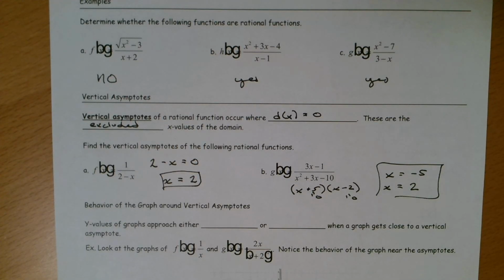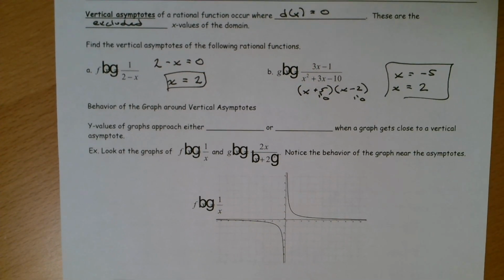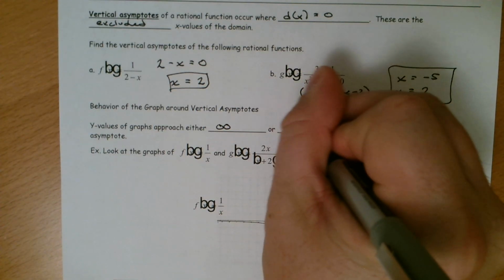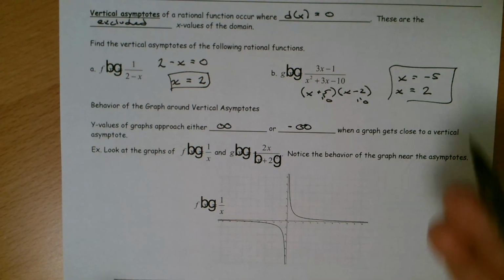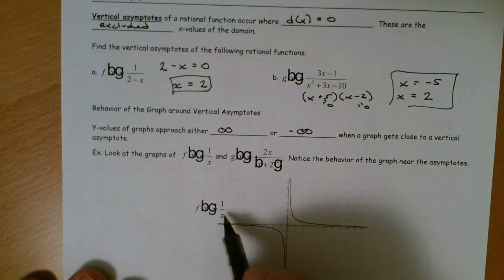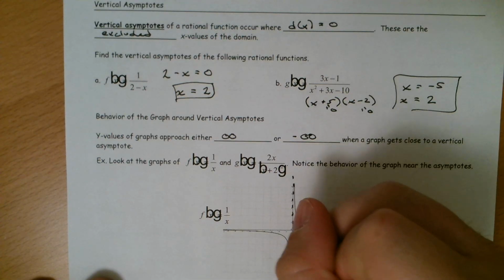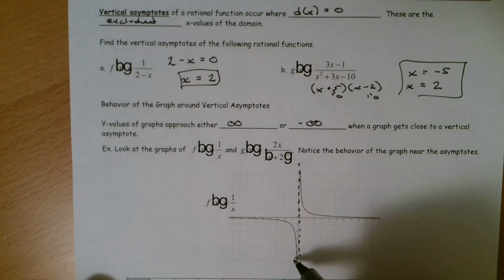Now let's talk a little bit about how the graph behaves as we get closer to a vertical asymptote. The y values of the graph are either going to approach infinity or negative infinity when a graph gets closer to a vertical asymptote. You can see right here the function 1 over x. There's a vertical asymptote right here. Notice on the left side of it, our graph is approaching negative infinity.